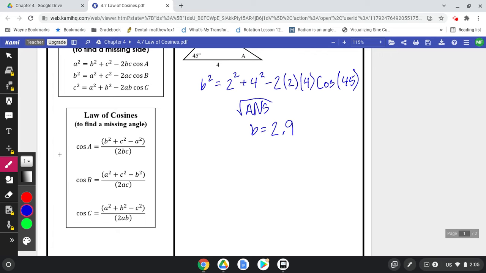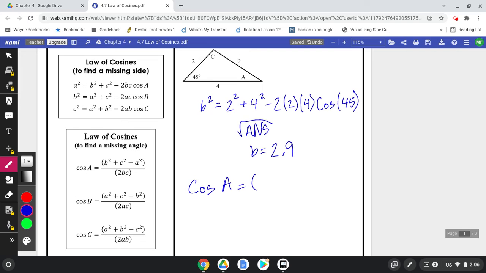Okay, so for this one, we'll do the cosine of A equals, now B squared plus C squared minus A squared. So in our case, B squared plus C squared minus A squared. So the other two sides that are not opposite of A, so opposite of A is 2.